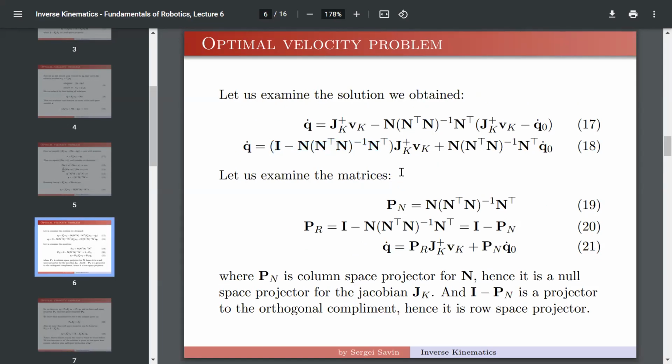By observing that this expression is a row space projector, and this indeed lies in the row space, so this is completely unnecessary.